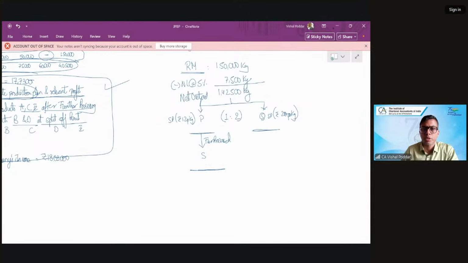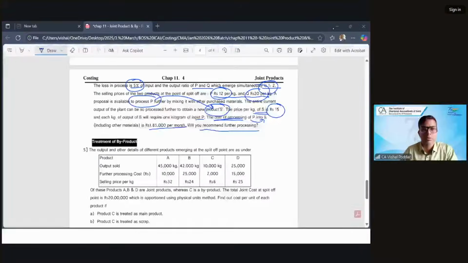Students, how much would be the quantity if I divide 142,500 in the ratio of 1:2? Give me the quantity, students. 47,500 and 95,000. Okay, great, Ashlesha has given me 47,500 and 95,000.